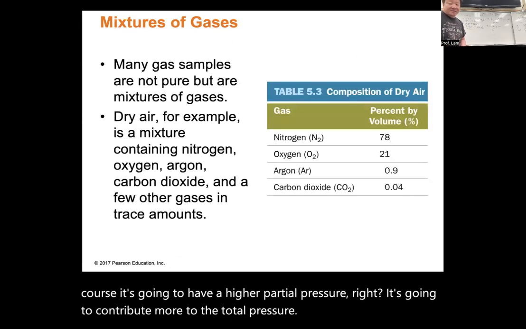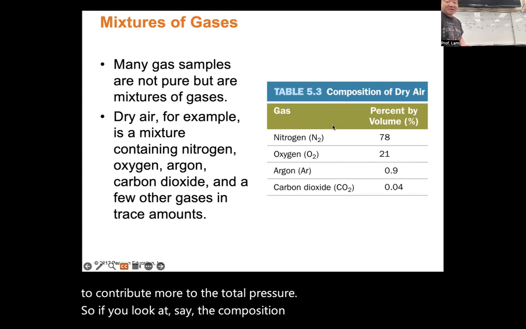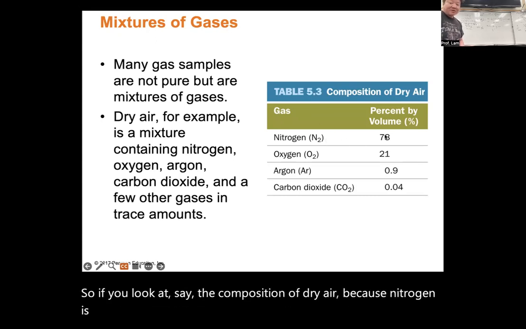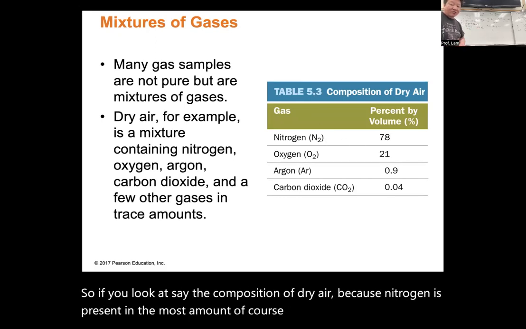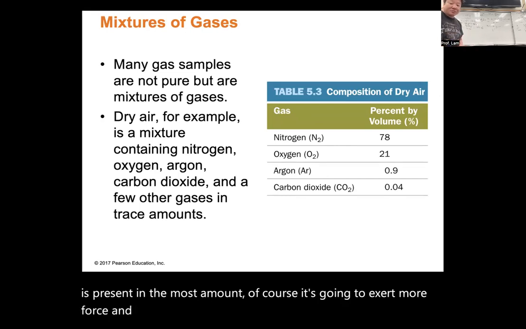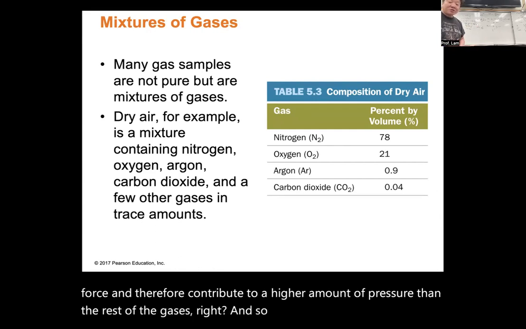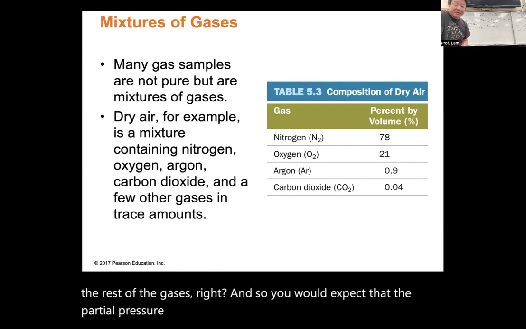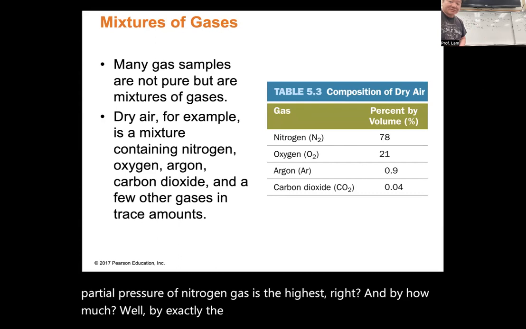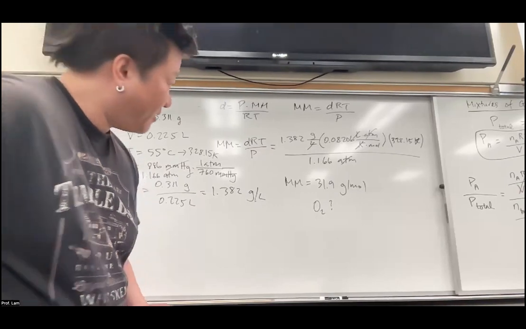So if you look at, say, the composition of dry air, because nitrogen is present in the most amount, of course it's going to exert more force and therefore contribute a higher amount of pressure than the rest of the gases, right? And so you would expect that the partial pressure of nitrogen gas is the highest, right? And by how much? Well, by exactly the percentage that's there, okay? So let's go back to the board here.